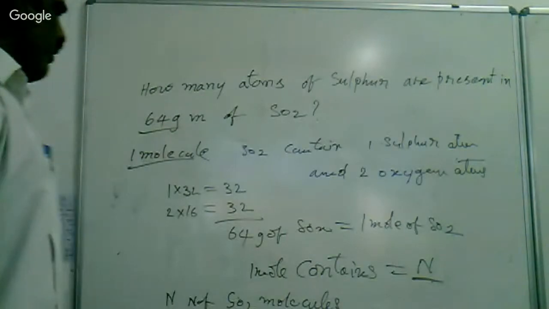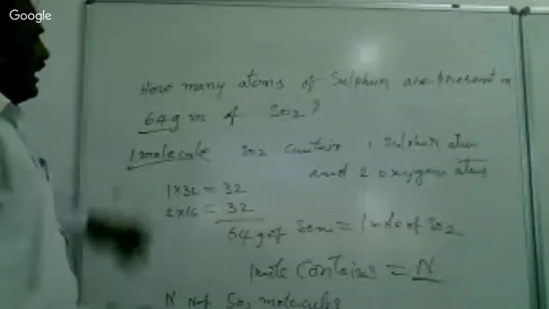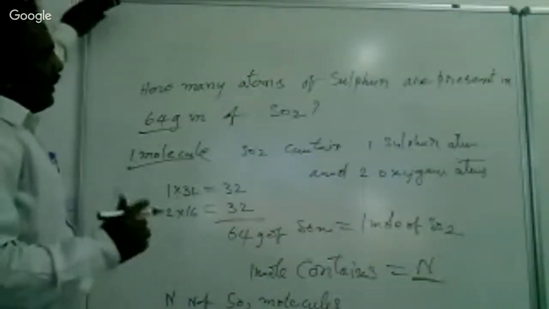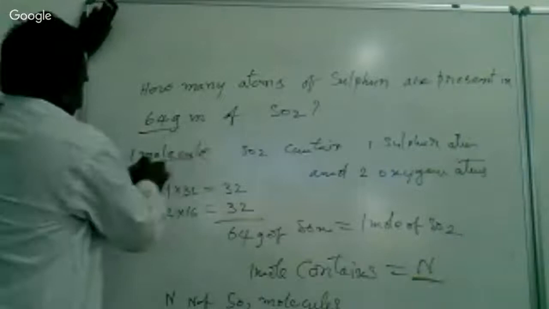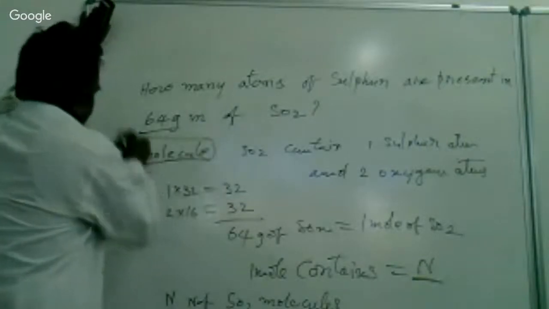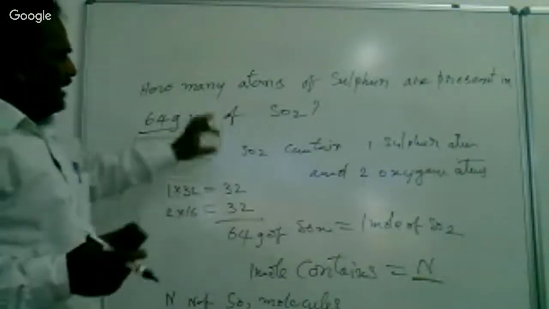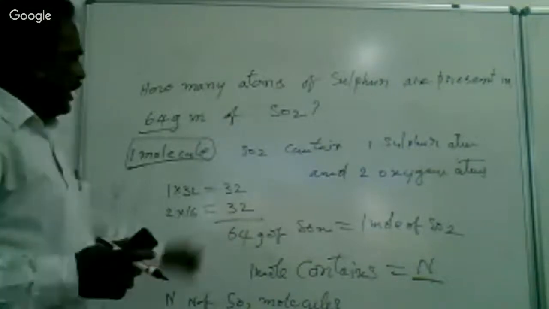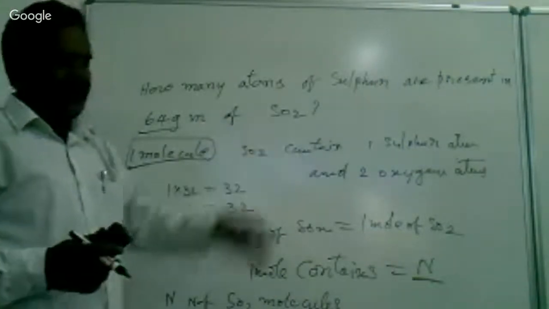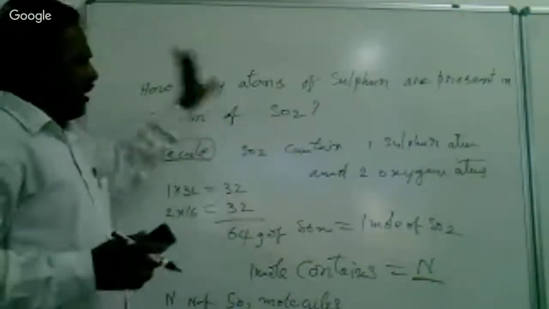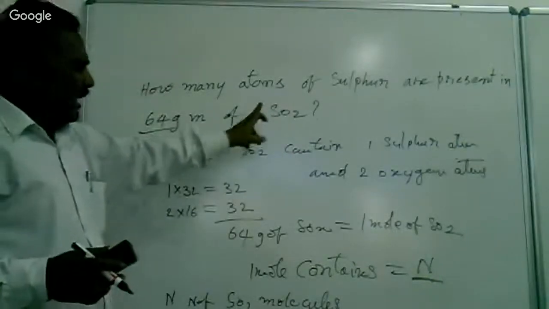So that's how we can understand. Once again, the gimmick you need to understand is: one molecule of sulfur dioxide contains how many sulfur atoms? One sulfur, two oxygen atoms. Oxygen atoms are not asked, we only need to look at sulfur.